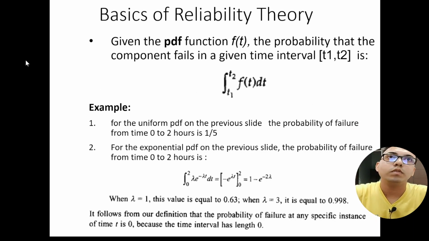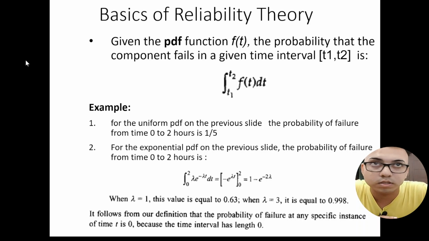Basics of reliability theory. For a PDF, the probability that the component fails in a given interval t1 to t2 is the integration from t1 to t2 of f(t) dt. For the uniform PDF on the previous slide, the probability of failure from 0 to 2 is 1/5.